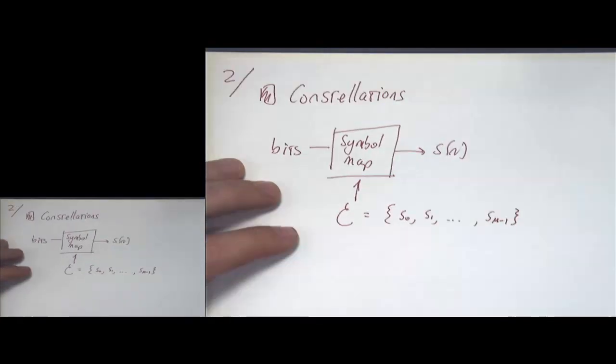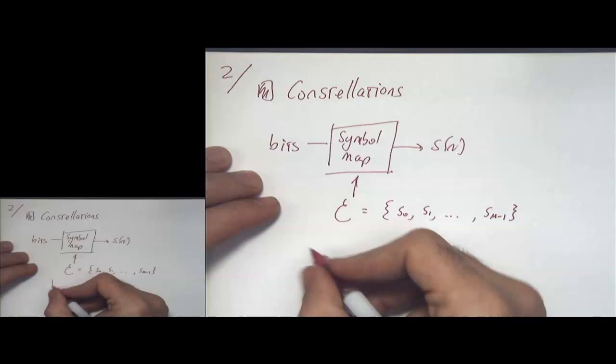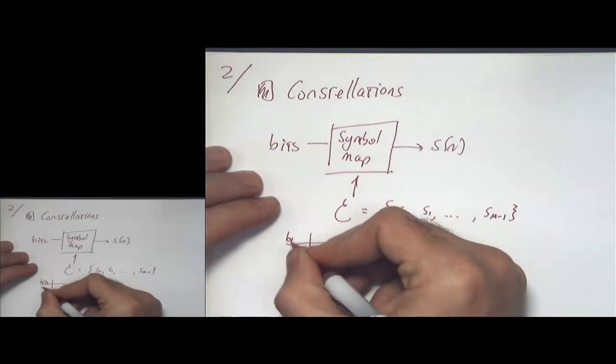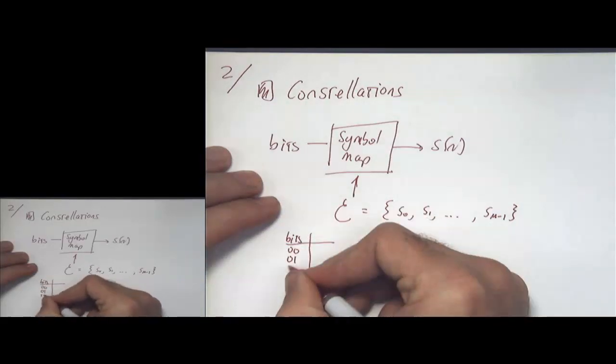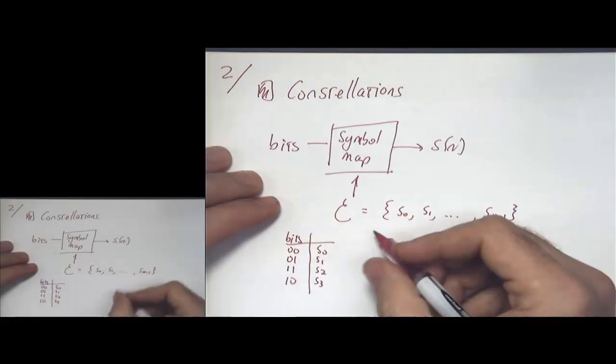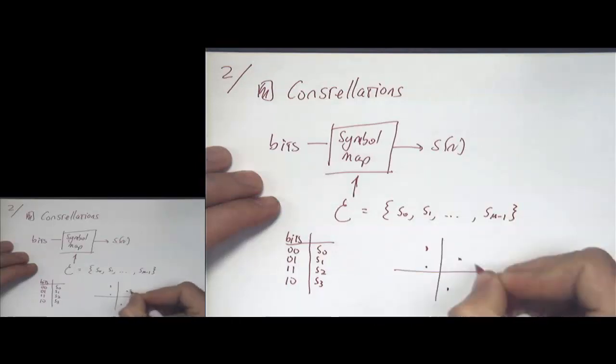And then last time in class, we talked about how this bit to symbol map is essentially like a lookup table that maps sequences of bits to constellation points, and then how we could illustrate that. I'm just making up a fake-looking constellation here.